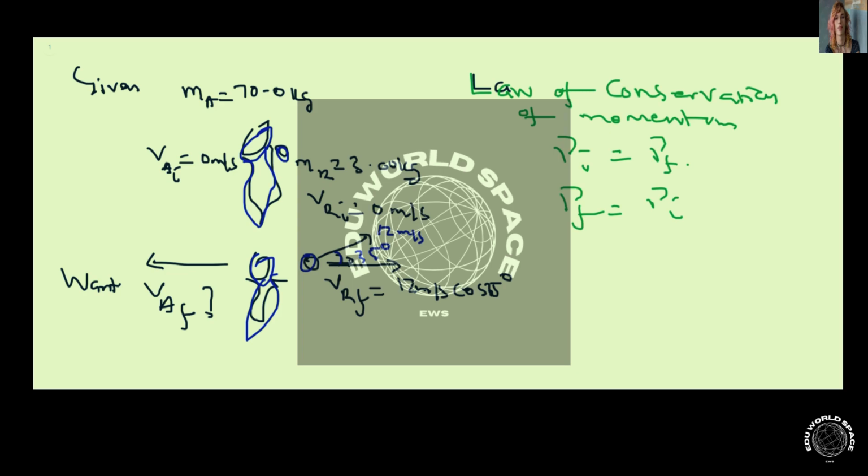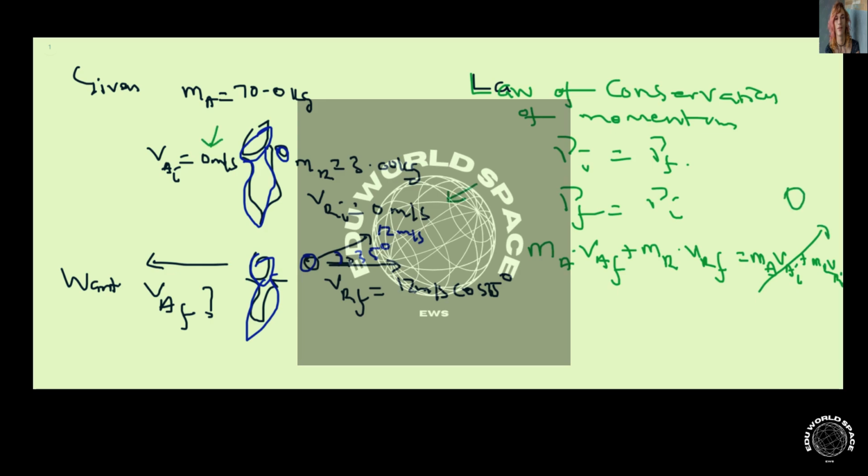The final momentum of the system is your mass, MA, times VA final plus MR times VR final, and that equals MA VA initial plus MR VR initial. But remember, this is going to be zero because the initial velocity for both you and the rock is zero.